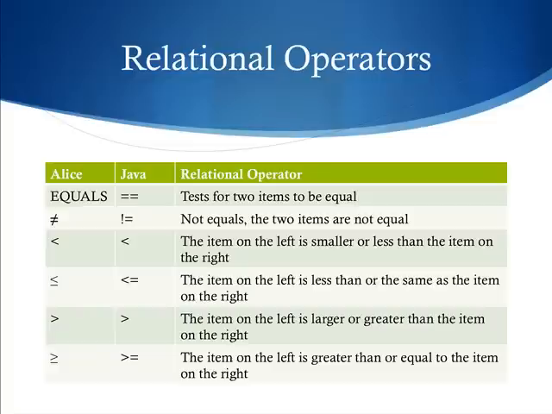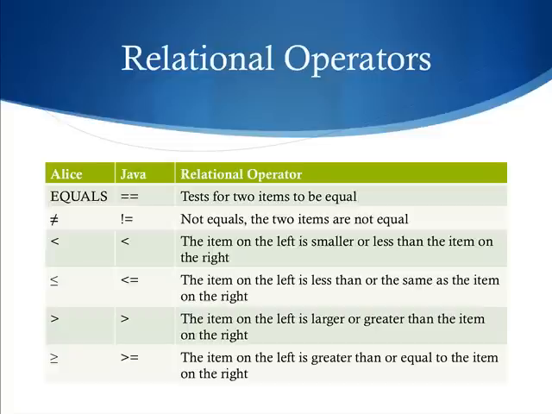If we look at the less than operator, the item on the left side of the less than sign is going to be smaller than the item on the right side. In order for that statement to be true, the item on the left side must be smaller than the item on the right. With not equals, that means the item on the left has to be different than the item on the right.